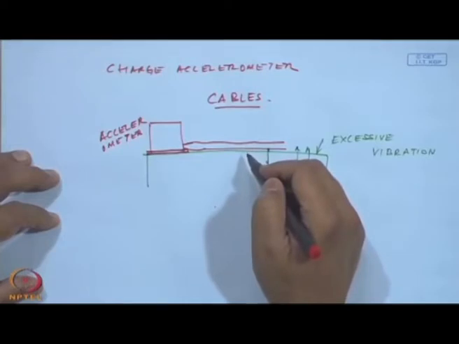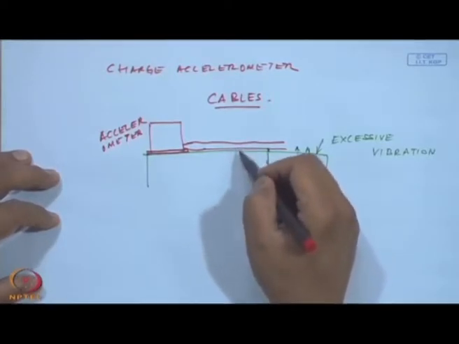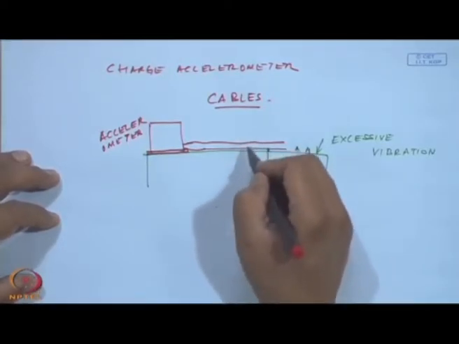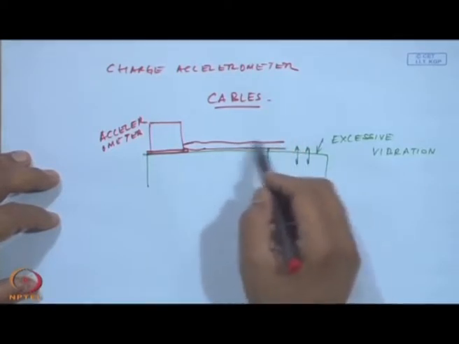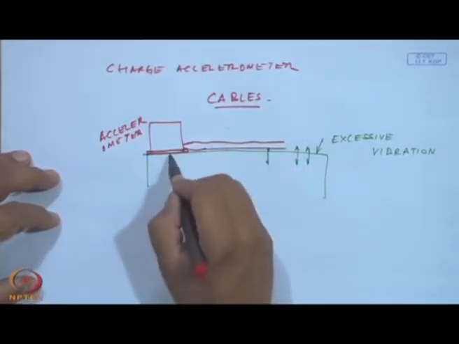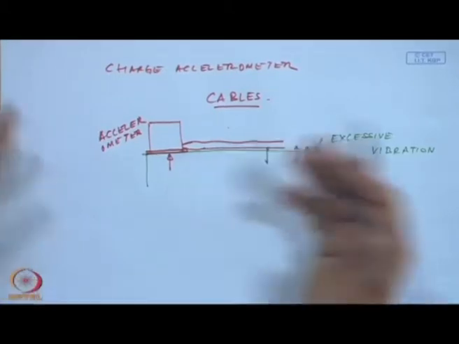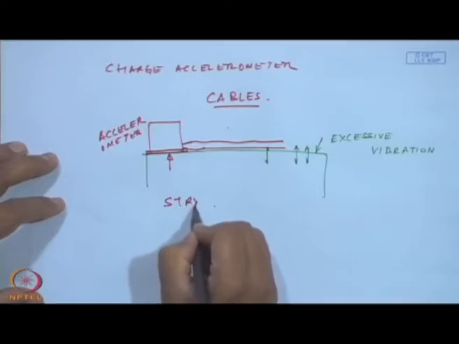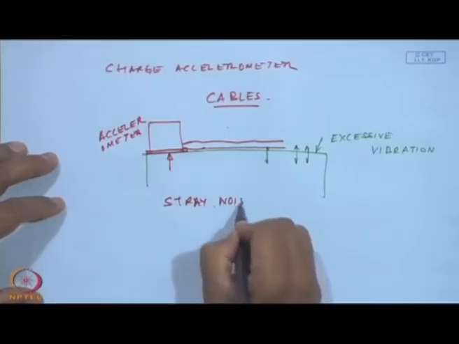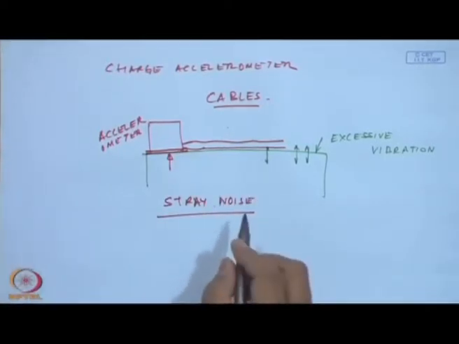Now, because this cable is going to have a lot of motion, and because of this motion there will be charge generated, which is not actually a charge due to the acceleration, but charge due to stray noise. So, a lot of stray noise will occur if I do not take good care of the cables.